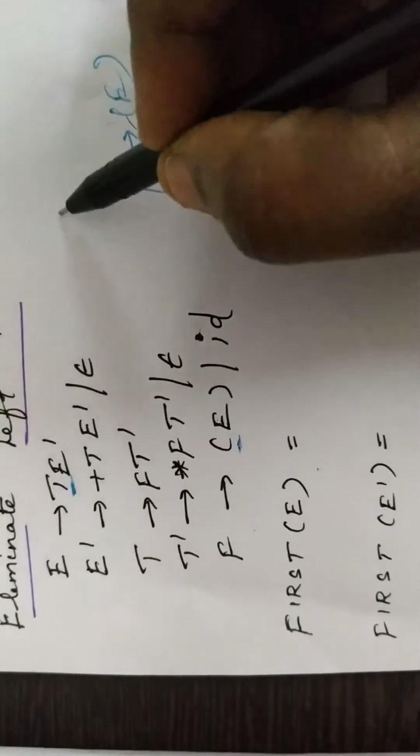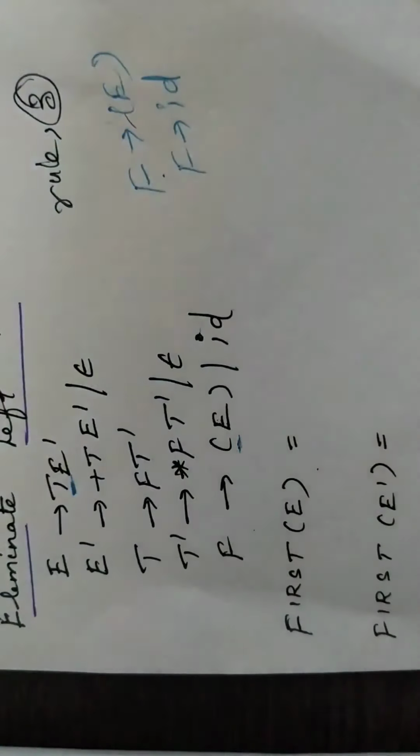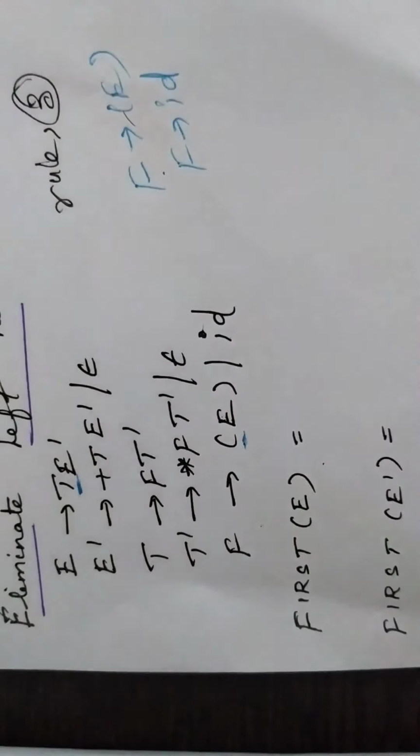First of this non-terminal is F. Again, this is a non-terminal, so according to rule 3, which we discussed already, we have to find first of F. What is first of F?